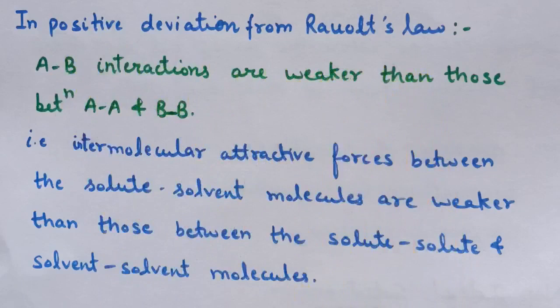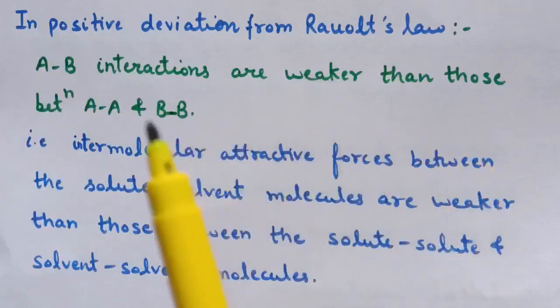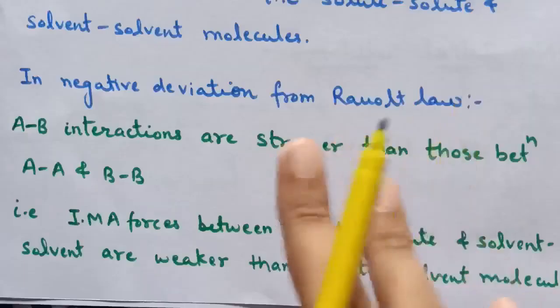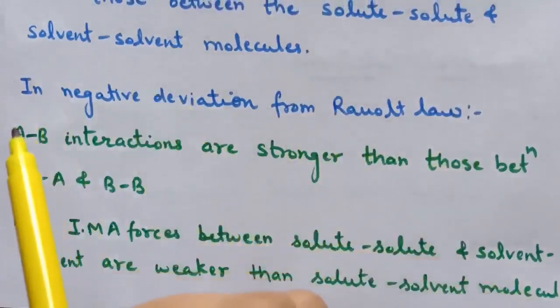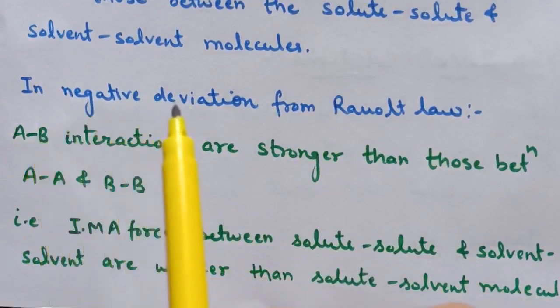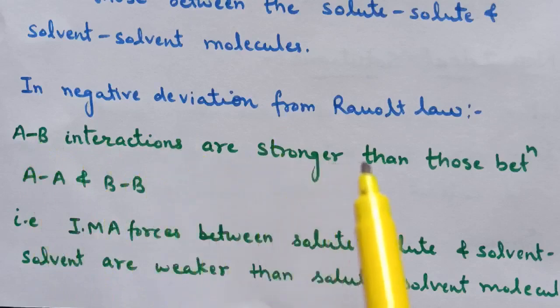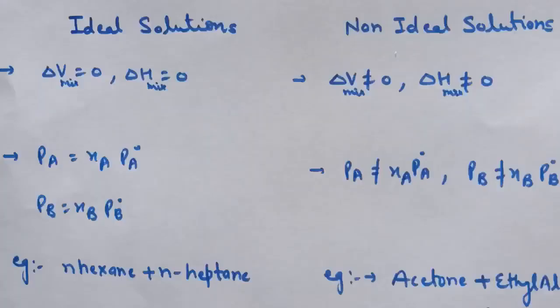Whereas in negative deviation, AB interactions are stronger than those between AA and BB. That is why it is difficult to break this bond, and therefore fewer vapors are formed in negative deviation.